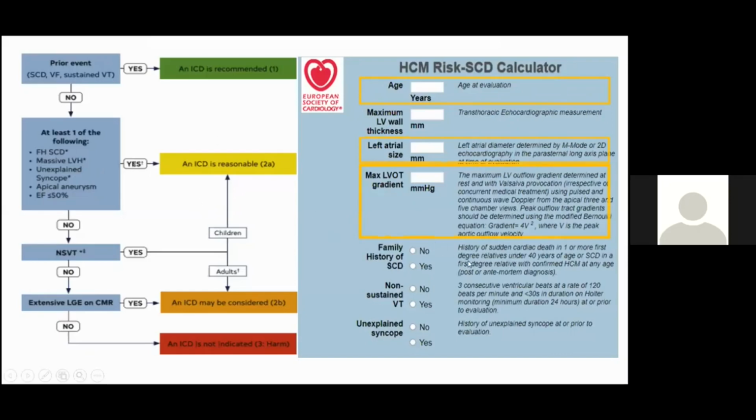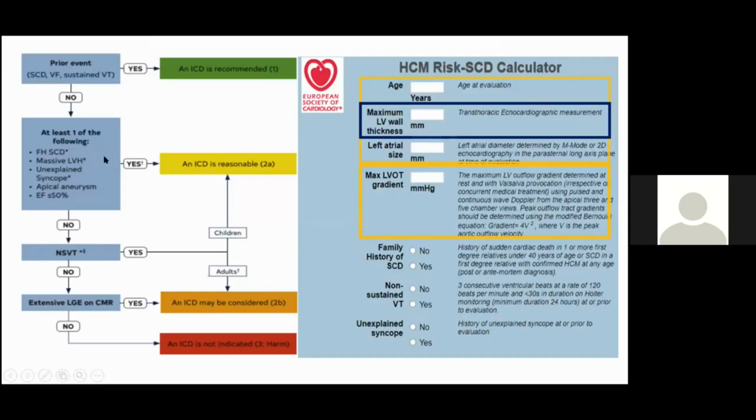There is an important difference to underline, which is maximum LV wall thickness in the European risk calculator. The maximum LV wall thickness is a continuous value. Each value of LV wall thickness has some degree of risk to it, as opposed to the American guidelines, where the LVH is a binary value.